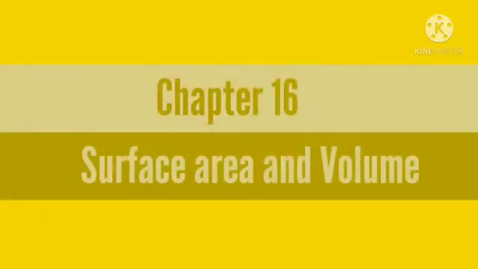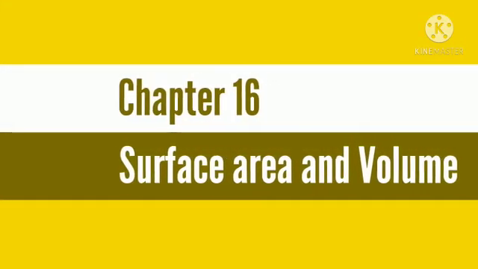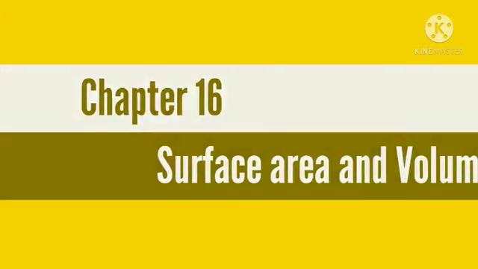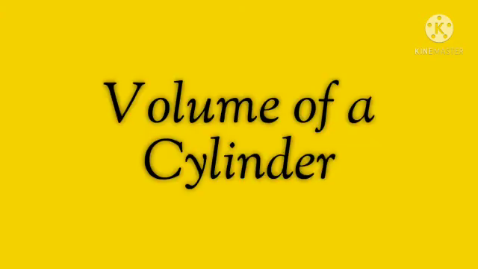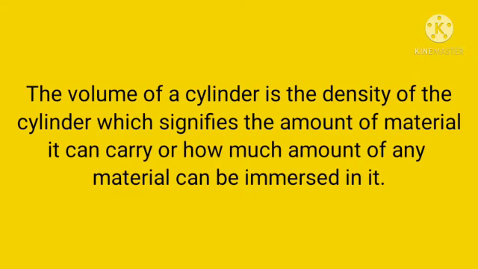Let us learn lesson number 16, surface area and volume. Volume of the cylinder. The volume of a cylinder is the capacity of a cylinder, which signifies the amount of material it can carry or how much of any material can be immersed in it.